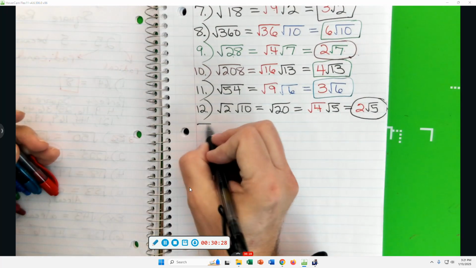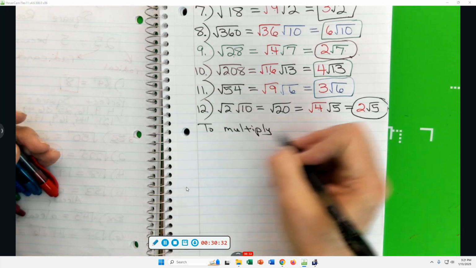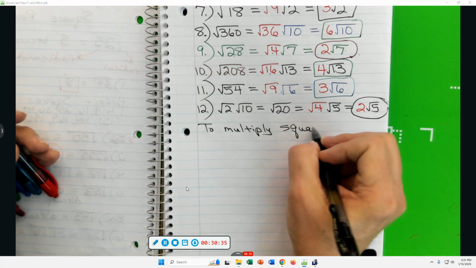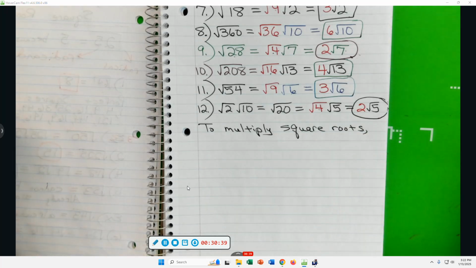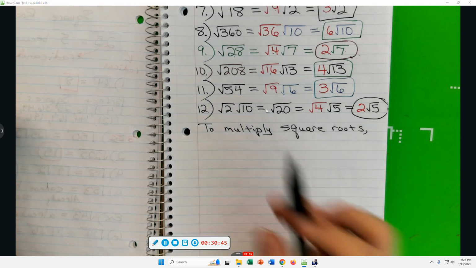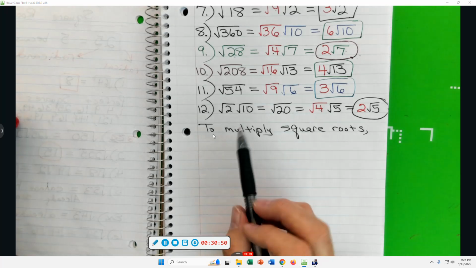But to multiply square roots, multiply the stuff that's under the radical, and then simplify the square root. I think I'm going to say multiply the radicands, rather than the stuff under the radical, but that's what a radicand is.